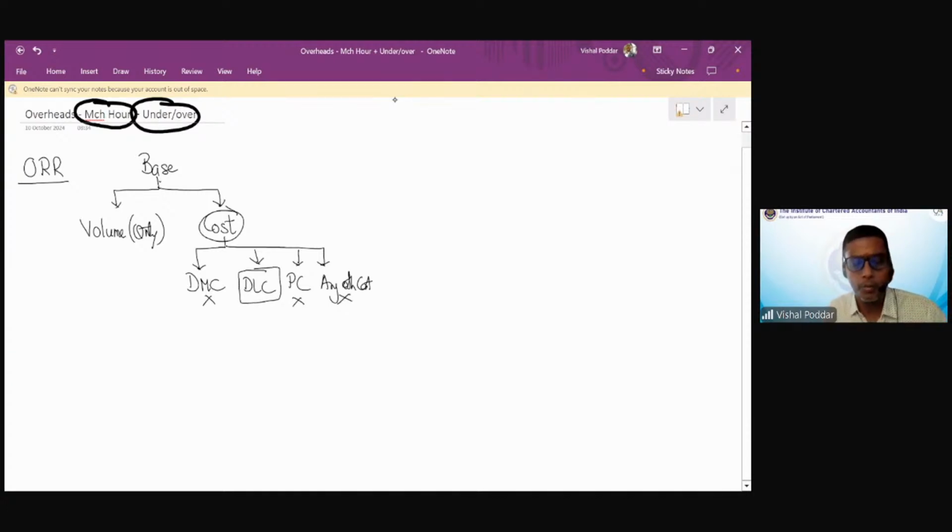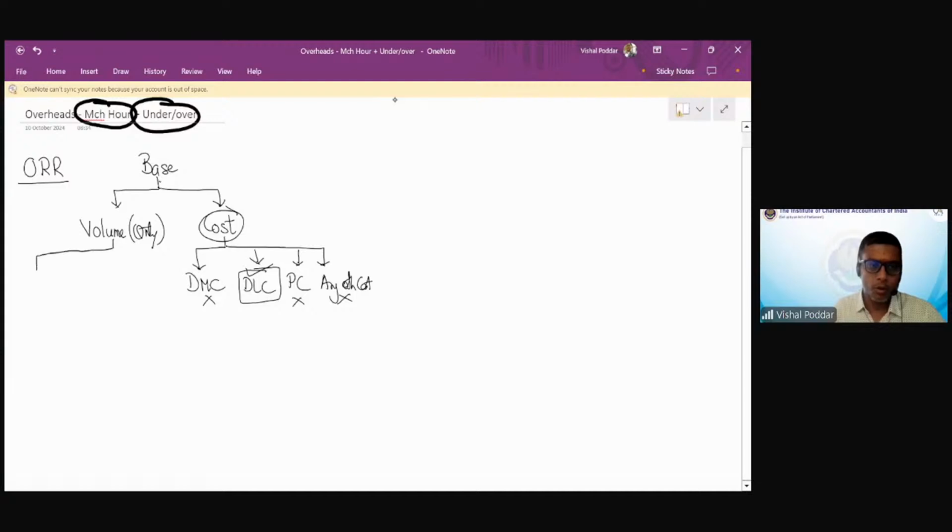The reason is, if you observe the overheads, majority of the overheads are linked with time, like rent, depreciation, repairs, salary. If you see the overheads list, they are time-based overheads. And out of all these bases, the only base which is reflecting time is labor, because labor cost is calculated on the basis of time.